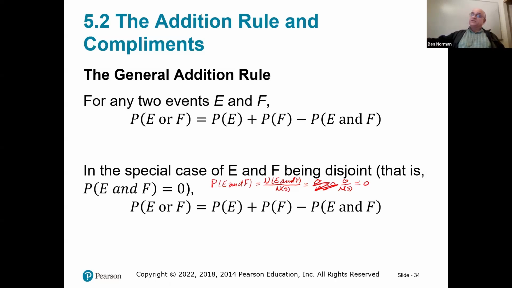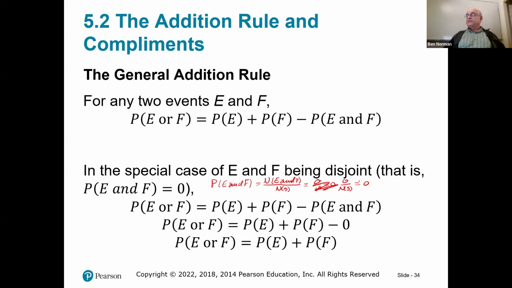We start off with the general rule, and with the assumption that E and F are disjoint, mutually exclusive, that means this probability of E and F becomes 0. So we get P of E plus P of F minus 0, which reduces to our earlier rule.